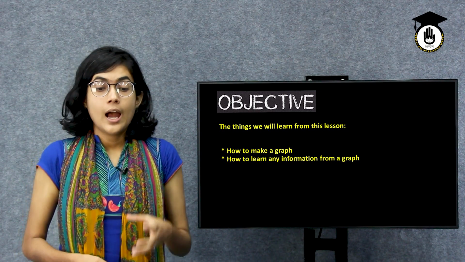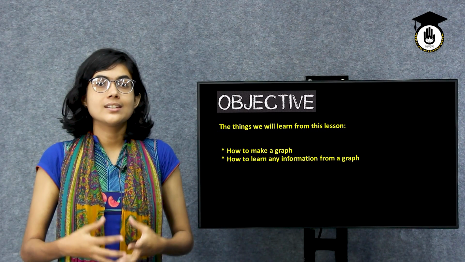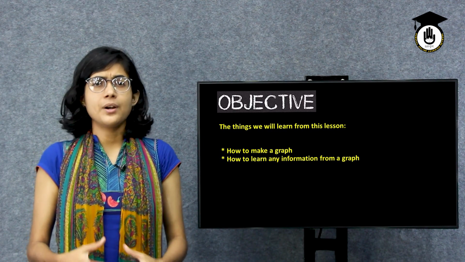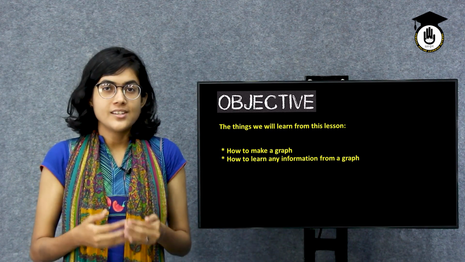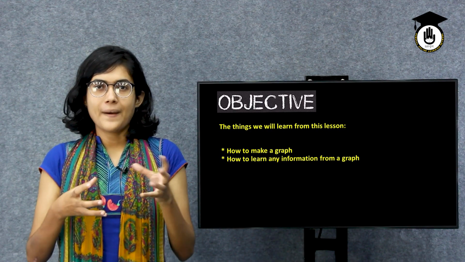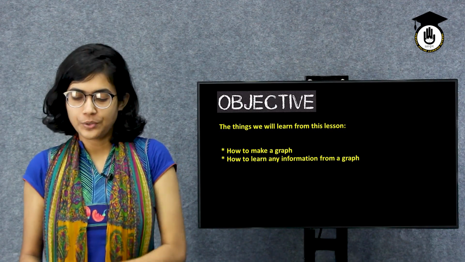Again, we will learn about information from a graph, how we can put information in a graph, or how we can describe a graph, how we can just learn about something from a graph. So this lesson will help us to learn about the changes about the pastimes in Bangladesh through a graph. So let's start on.